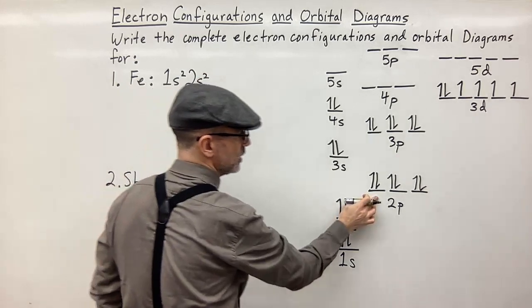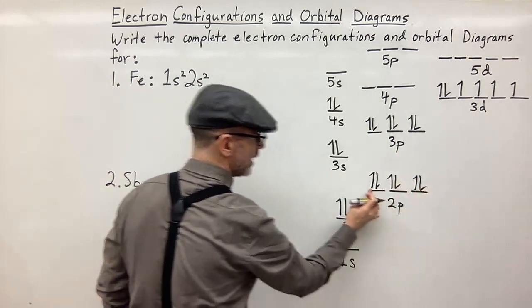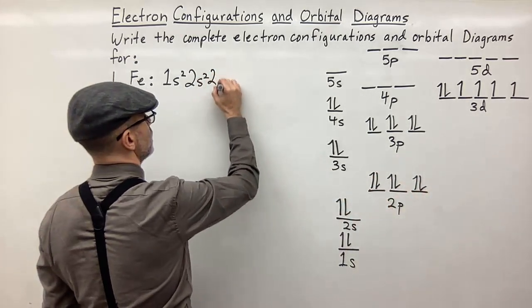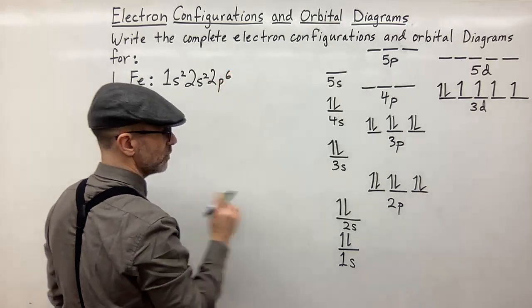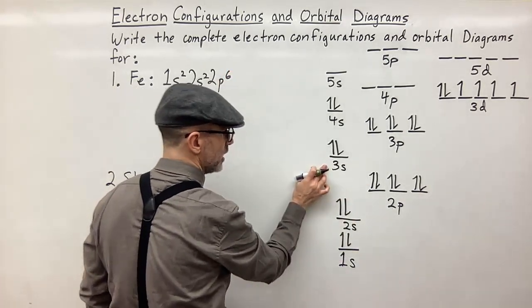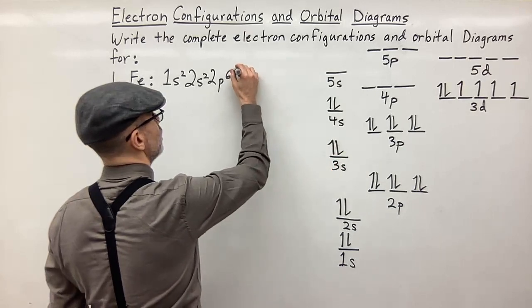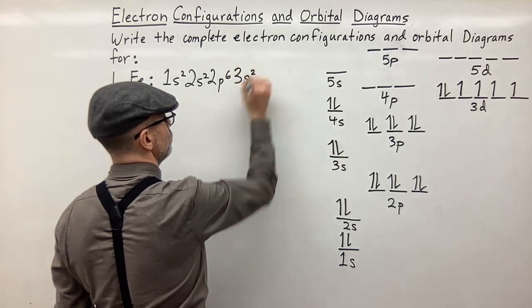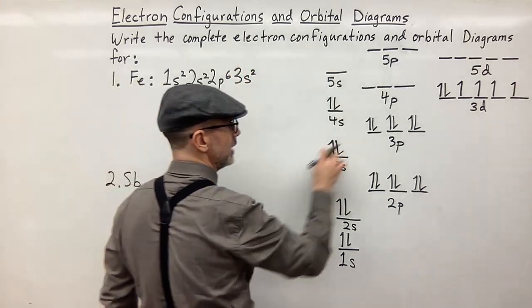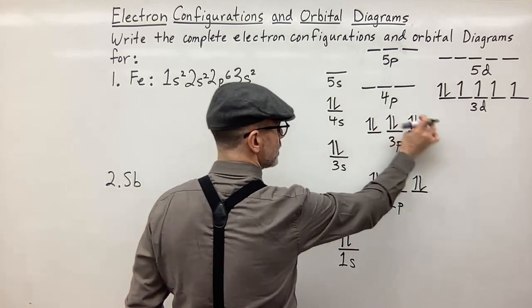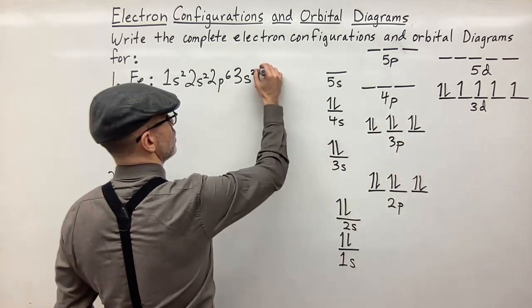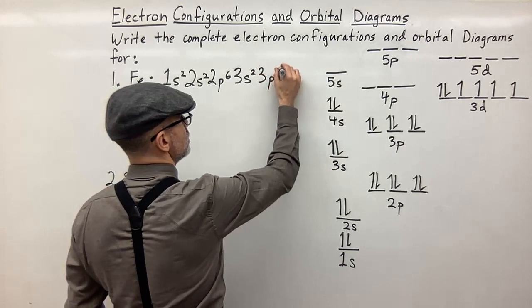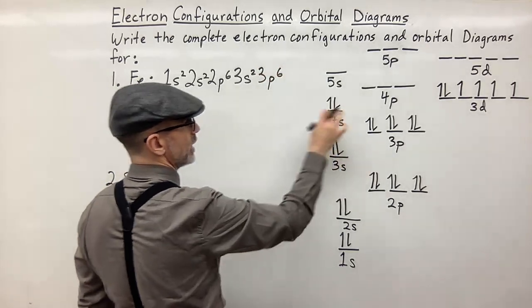And then next is the 2p. I have 6, so that's going to be 2p6. And then the next one is the 3s, so that has 2, so that's going to be 3s2. Next is the 3p. I have 6 electrons there, so that's going to be 3p6. Next is the 4s.